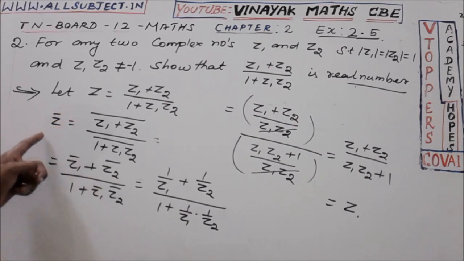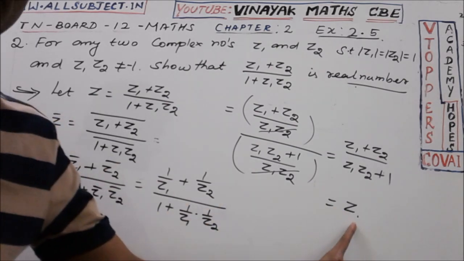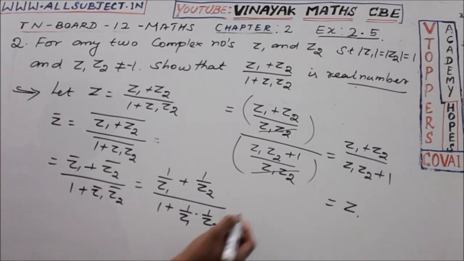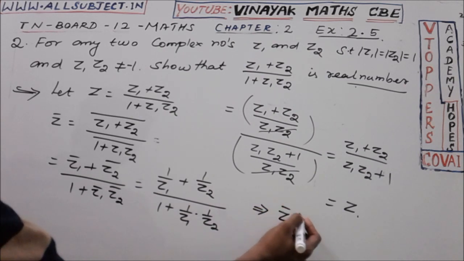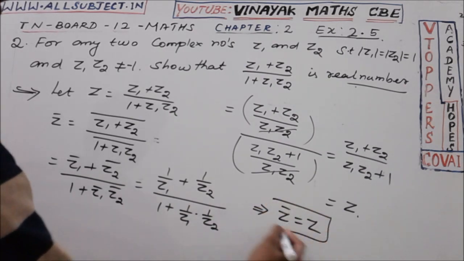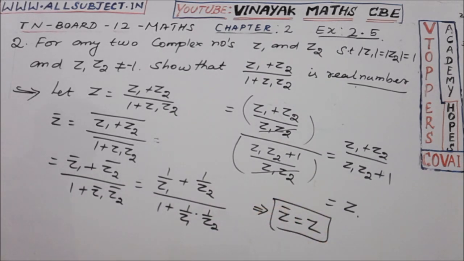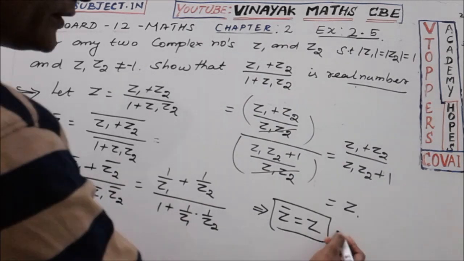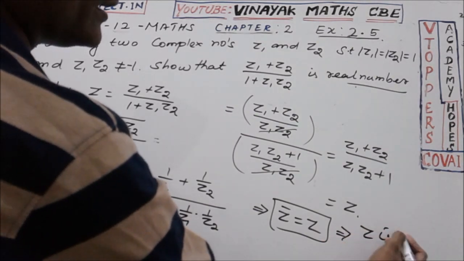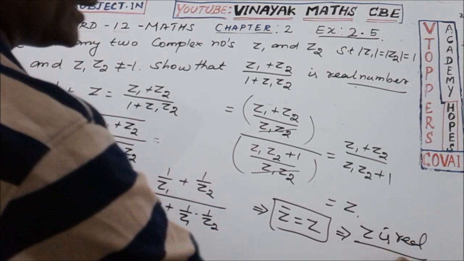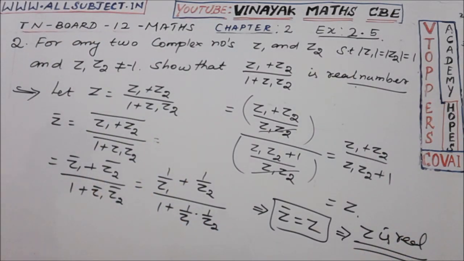We started with z bar and we ended at z, which implies z bar equal to z. So by the property, when z equal to z bar, the given complex number z is real.